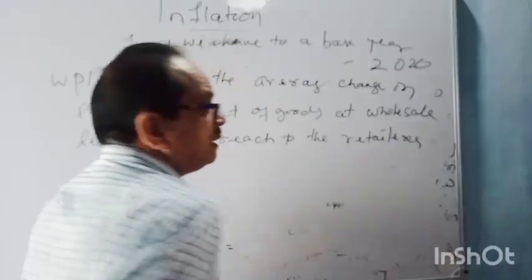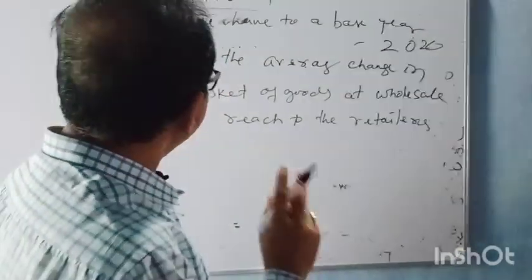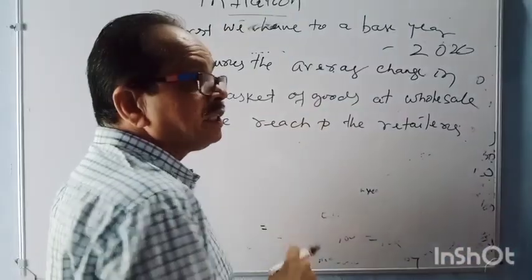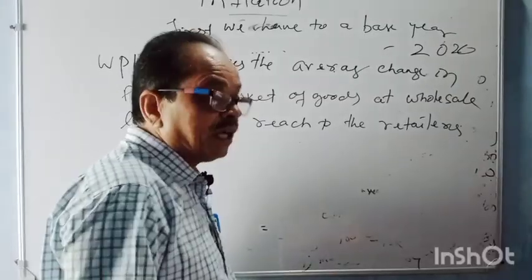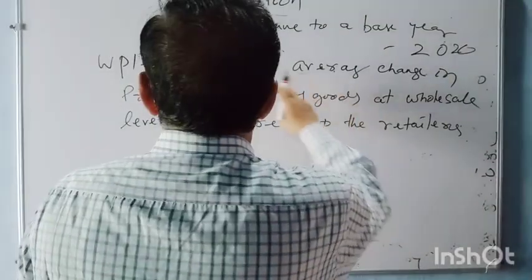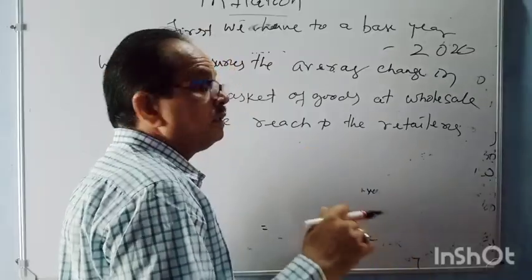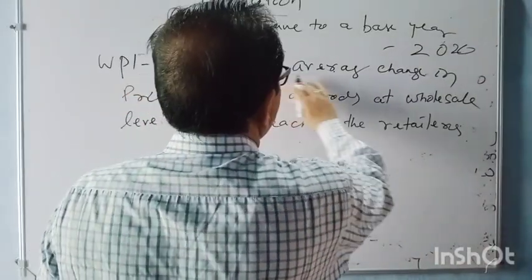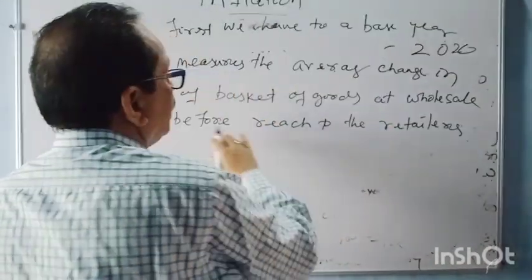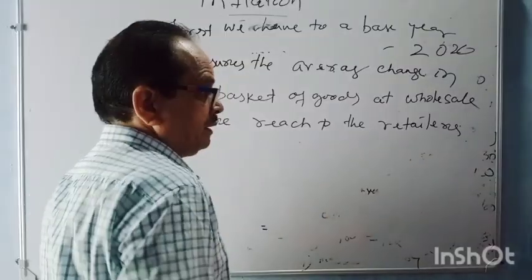Every wholesaler, before commodities reach retailers or consumers, at that wholesale level, at the producer level, the average change in price of goods and services is calculated.